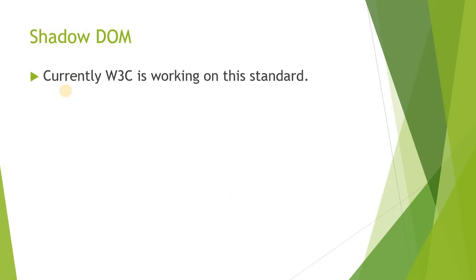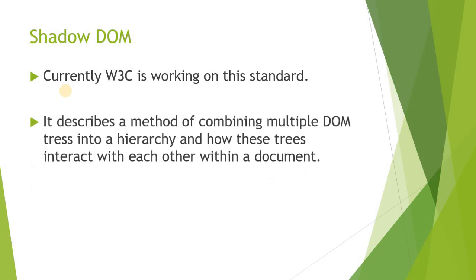Shadow DOM is basically a currently ongoing project being developed by the W3C. It is a standard that describes methods of combining multiple DOM trees into a hierarchy and how these trees interact with each other. It means using Shadow DOM, you can combine multiple DOMs in a single tree.